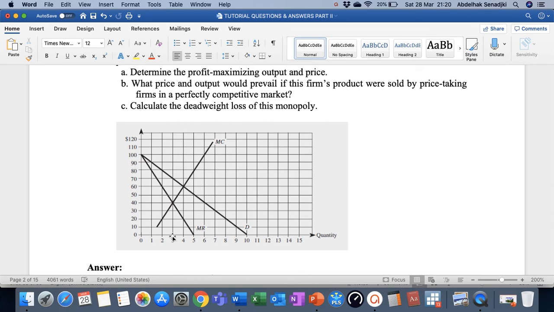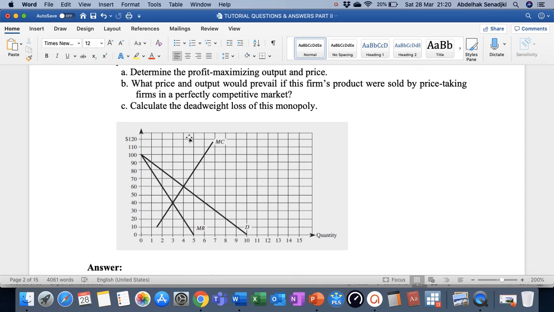Then the second question: what price and output would prevail if this firm's product were sold by a price-taking firm in a perfectly competitive market? Just now we said that in a perfectly competitive market, the supply curve is MC starting from the minimum AVC.